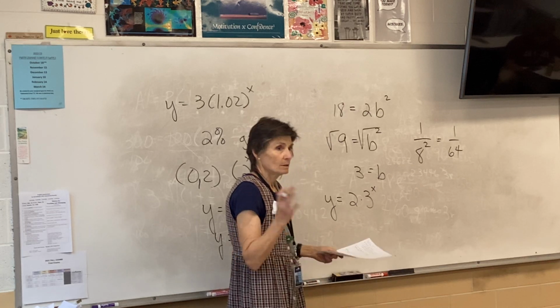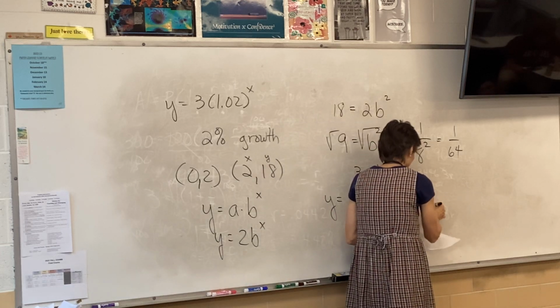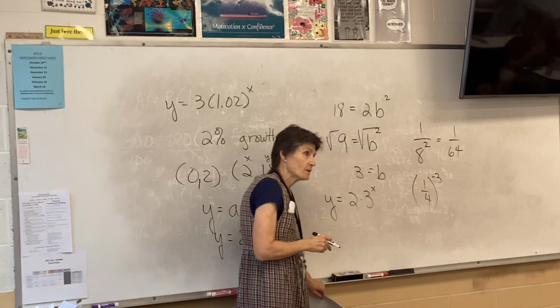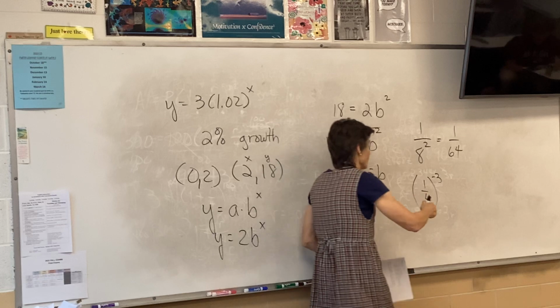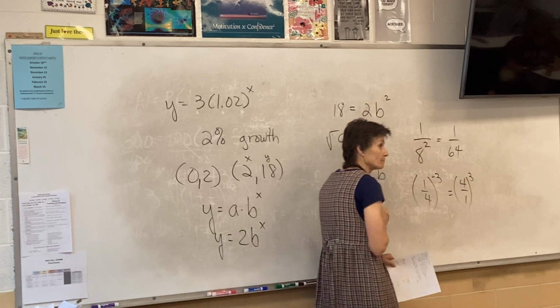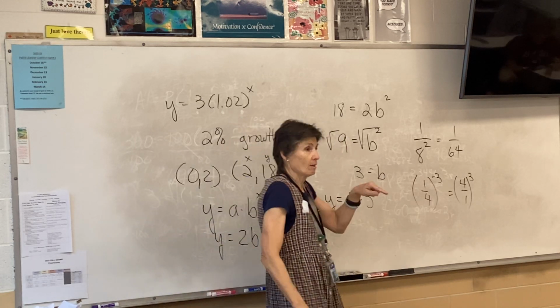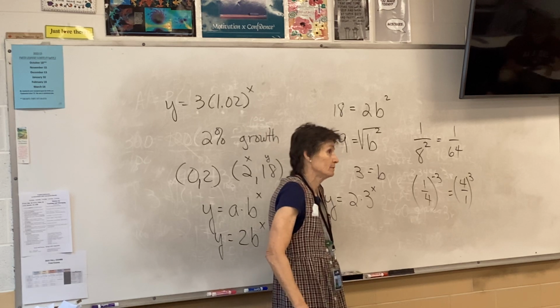Except in B. B is a negative exponent, but it's already 1/, which means it goes the other way, and it will be 4 cubed. Now, I wish I had $1 for every one of you that answered that question on the quiz with a 12.